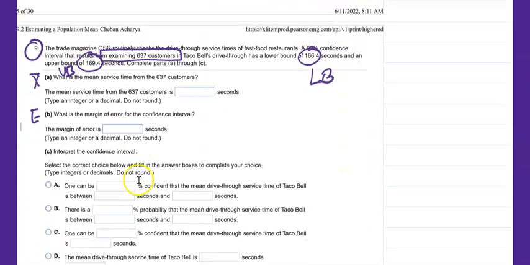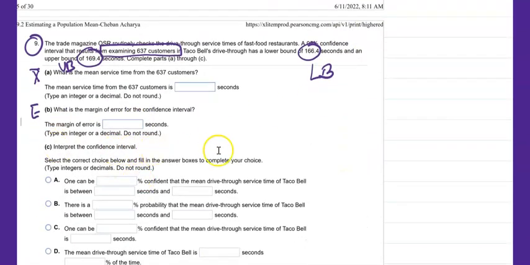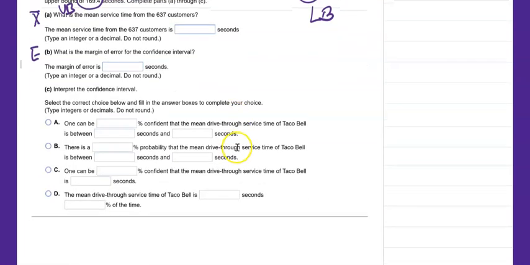That's part B. Part C, interpret the confidence interval. For the interpretation, you have to fill in a couple of blanks here. These two are not the right choice. One option says that one can have damaged confidence that the mean drive-through service time at Taco Bell is seconds, and it doesn't have an upper bound and lower bound. Obviously this is not right because it's about probability here. So part A must be the correct answer.